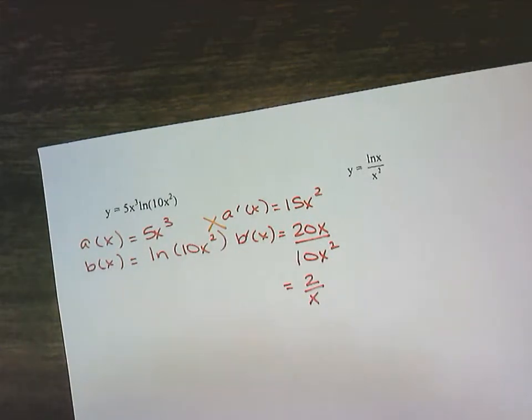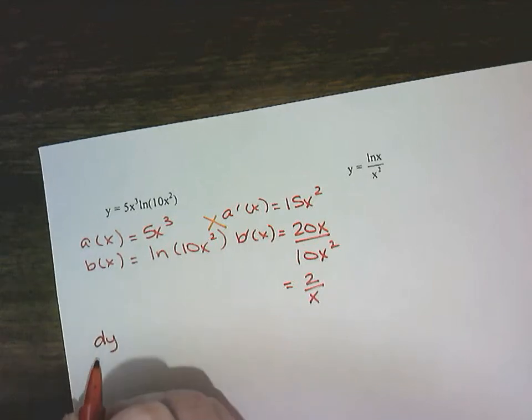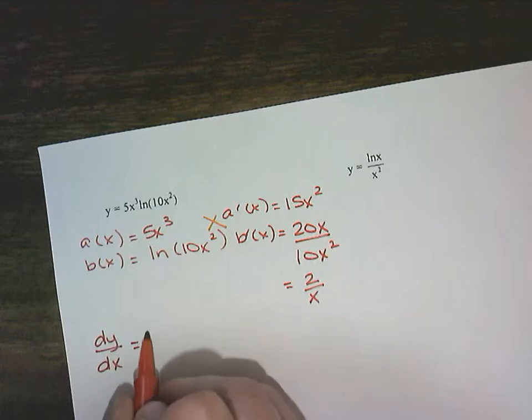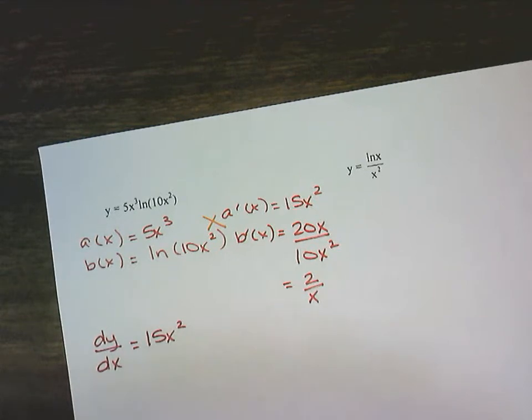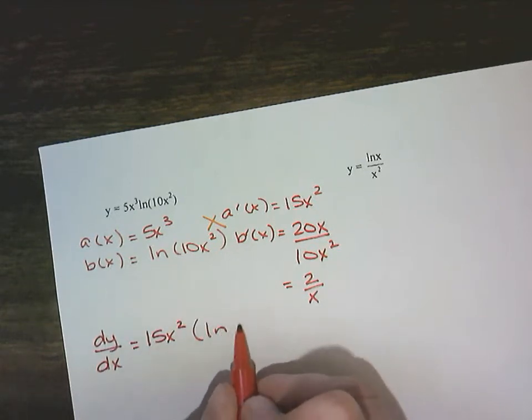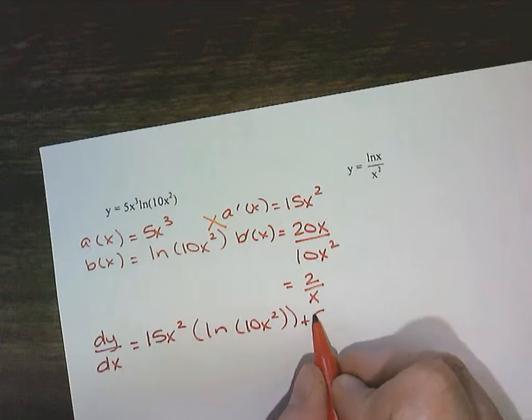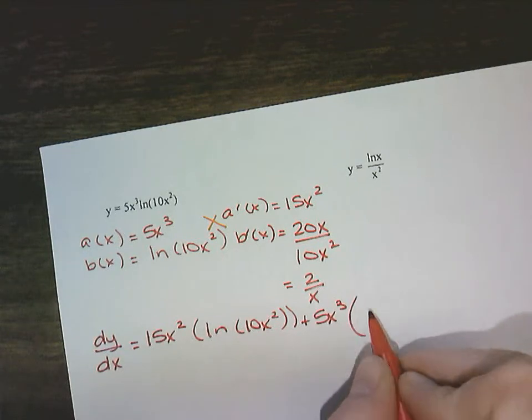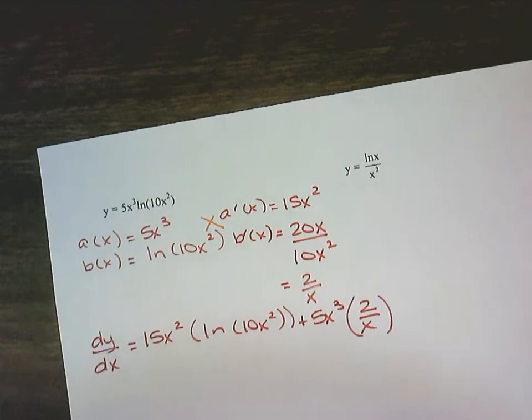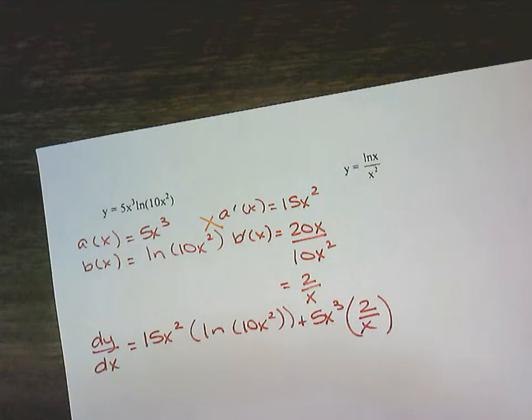And now I can apply the product rule. So we say dy by dx is equal to a prime, which is 15x squared, times ln 10x squared, plus 5x cubed times 2 over x. Well, I'm going to simplify this a little more.